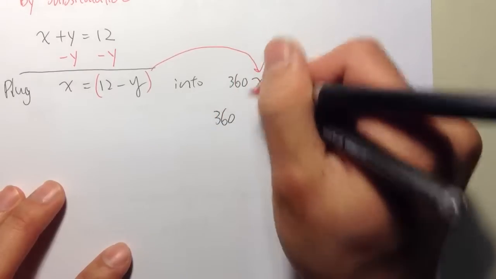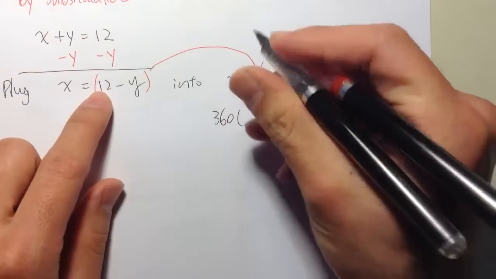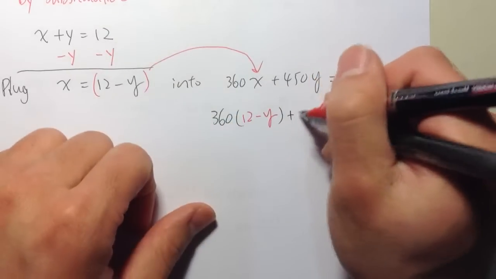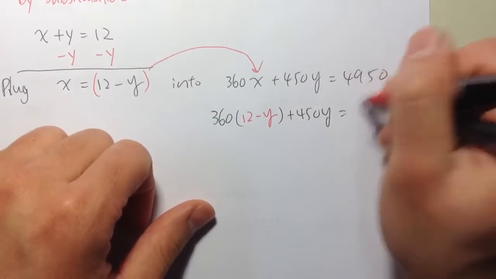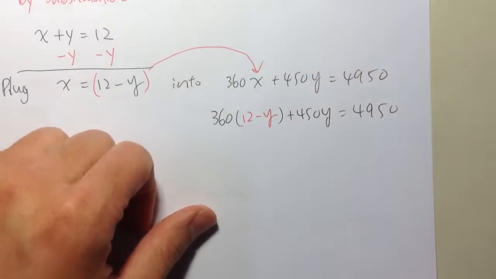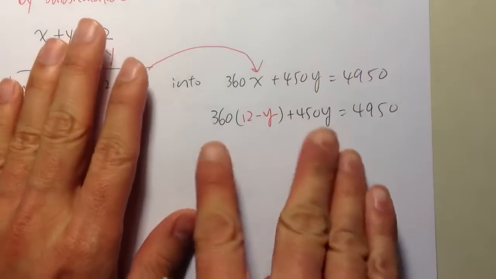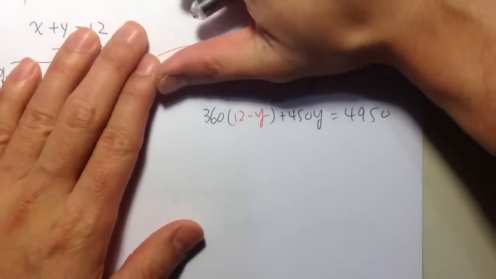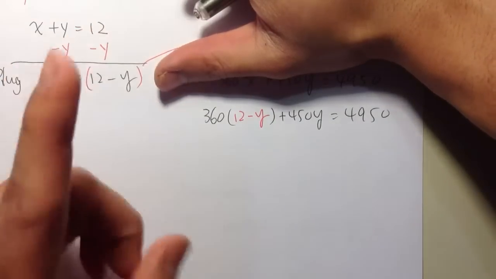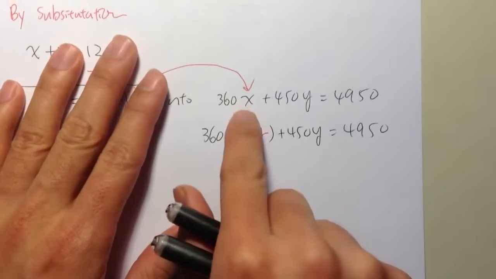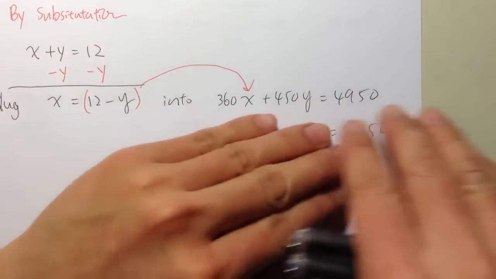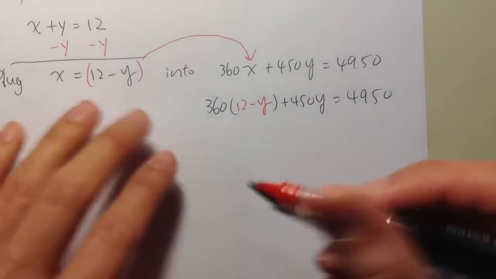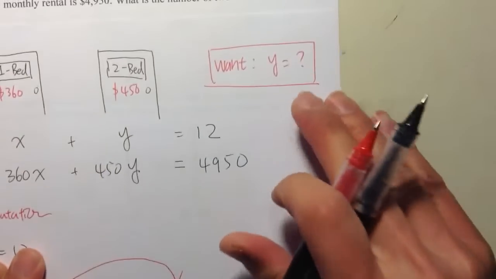I have 360, the x becomes 12 minus y, and then I have the plus 450y, that's equal to 4950. As we can see, now we have an equation that is just working with y's. One variable, compared to having x and y, which is not possible to solve at the same time. So we can just solve for y right here, and that's exactly what we're trying to do.